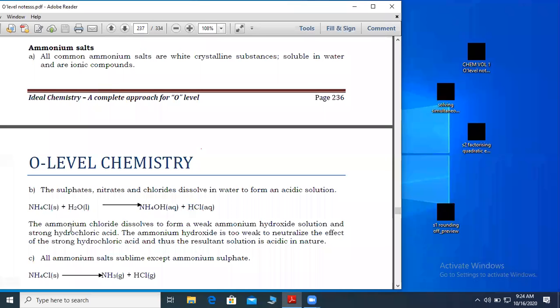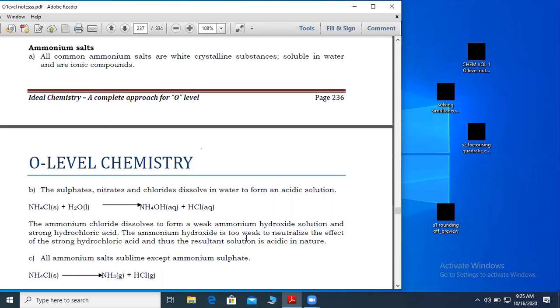So the ammonium chloride dissolves in water. Now you are explaining. Suppose we ask you a question to explain why the solution of ammonium chloride in water is acidic. This is what you write for us. The ammonium chloride dissolves in water to form weak ammonium hydroxide solution, I have already said it is a weak base, and strong hydrochloric acid.